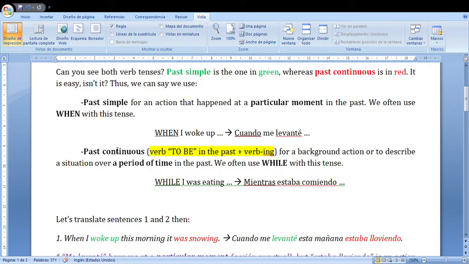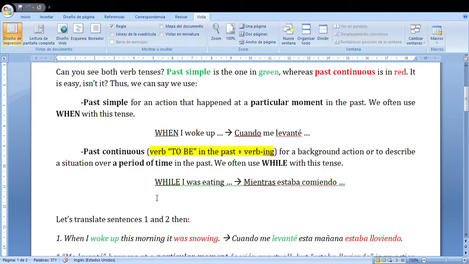Then the past continuous, as I told you, you have to use the verb to be in the past, which is was or were, depending on the subject, and then the verb ending in ing. Eating, reading, jumping, whatever. When do we use the past continuous? For a background, which means fondo in Spanish, for a background action or to describe a situation over a period of time.